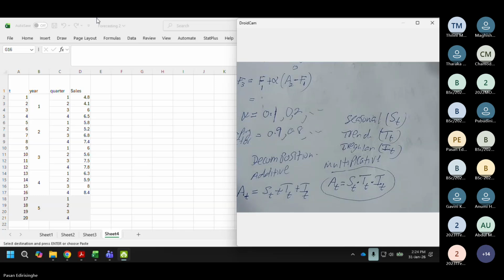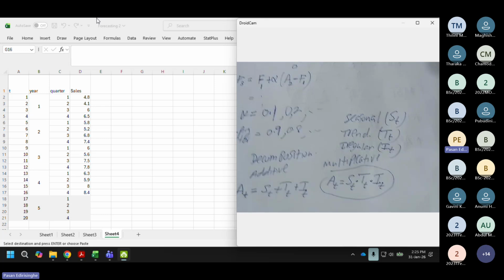Now, by looking at our data set, we want to separate each of these components. Of course, the irregular component we may not be able to identify exactly, so we can drop that one.